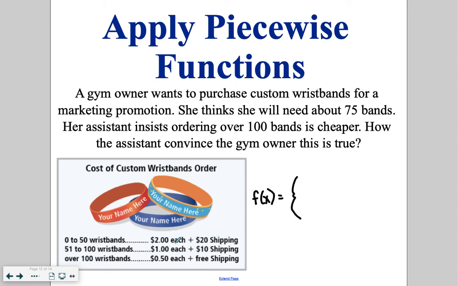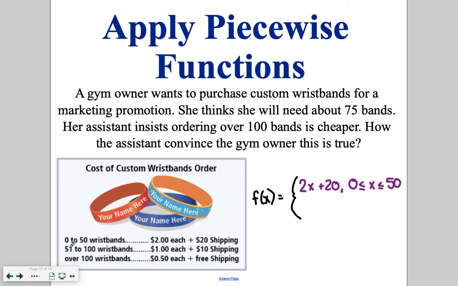We know that each is that multiplication word for our variable. So we have $2 each plus the $20 for shipping. And that happens if you purchase 0 wristbands, all the way up to if you purchase 50 wristbands. So anywhere from 0 to 50 gets included in that first equation.